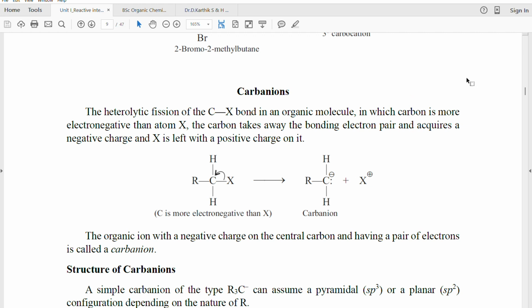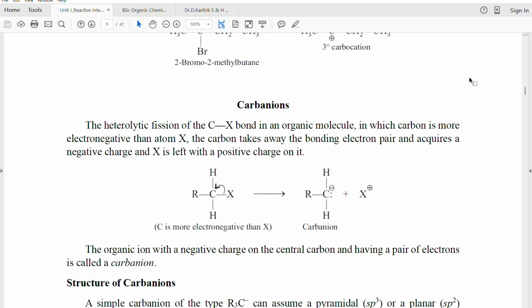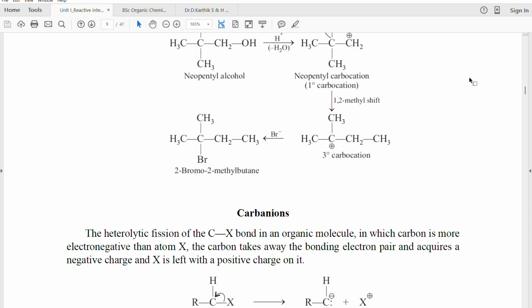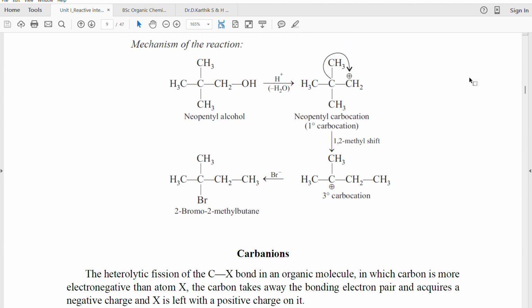So now the carbocation intermediate is completed. In the carbocation, we have seen the classification: primary carbocation, secondary carbocation and tertiary carbocation, and then the generation of carbocations. How can we generate the carbocation? We have seen four types of reactions.